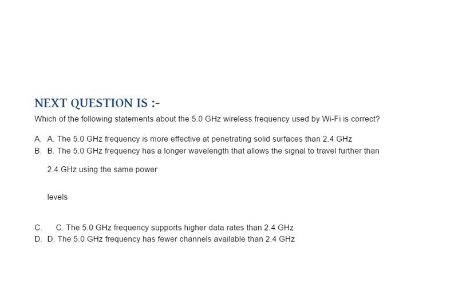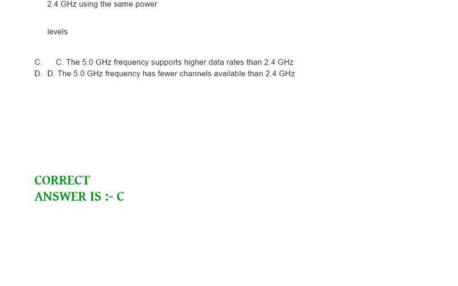Option C. The 5.0 GHz frequency supports higher data rates than 2.4 GHz. Option D. The 5.0 GHz frequency has fewer channels available than 2.4 GHz. Correct answer is option C.